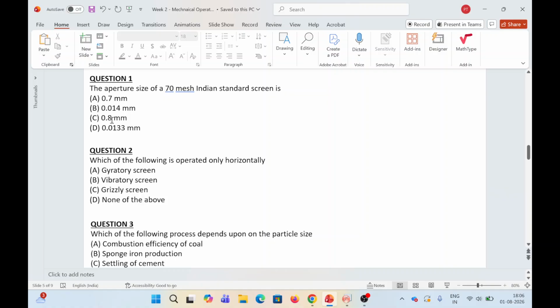What could be the answer? Again, we defined what is mesh number for Indian standard screens in the last live interaction session.